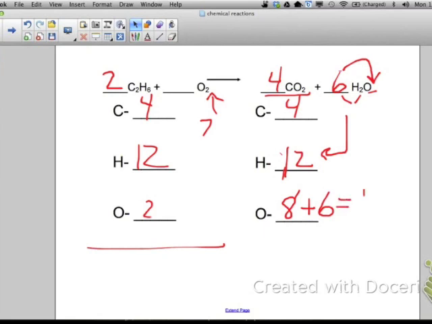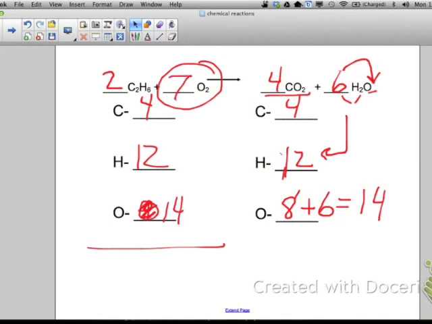So that's going to give me 14. Now 14 is an even number. That's going to give us an opportunity to balance out the oxygens on this side over here. So I would do 2, my subscript, times a number, and that's going to give me 14. And our number is 7.